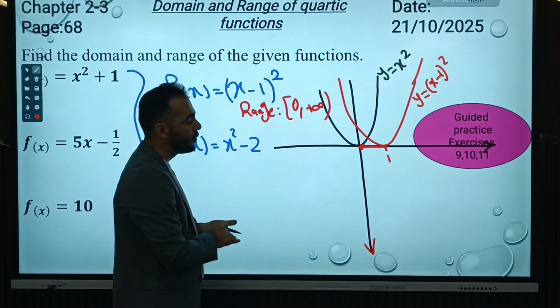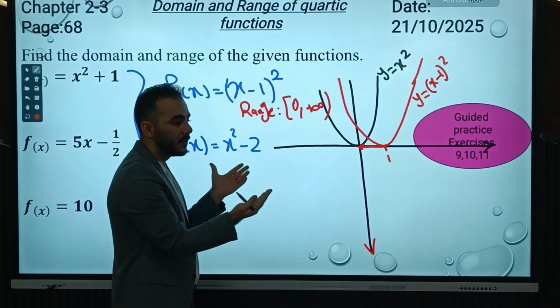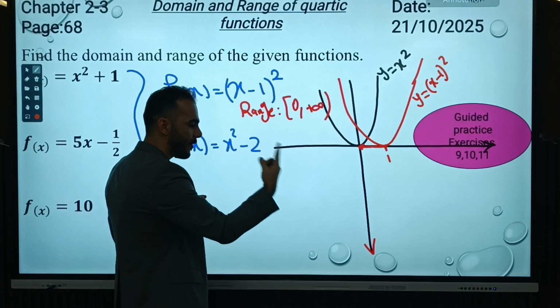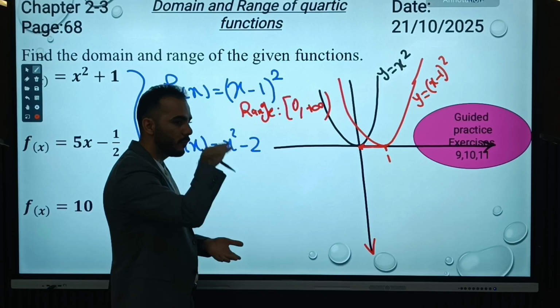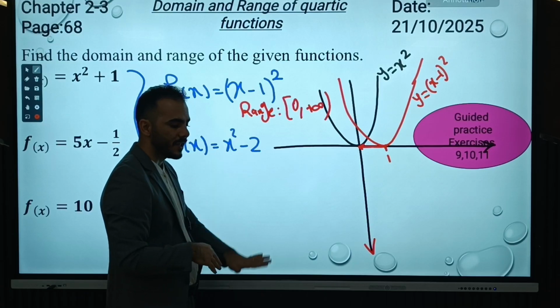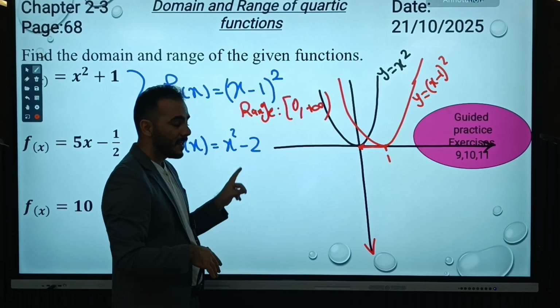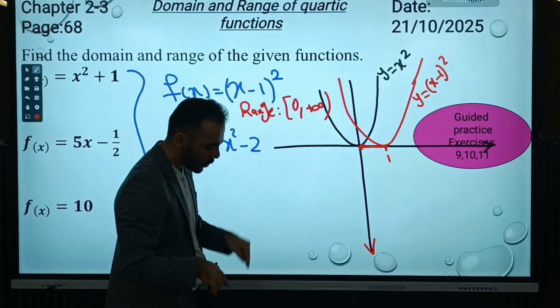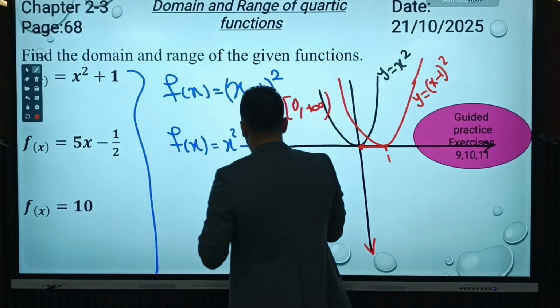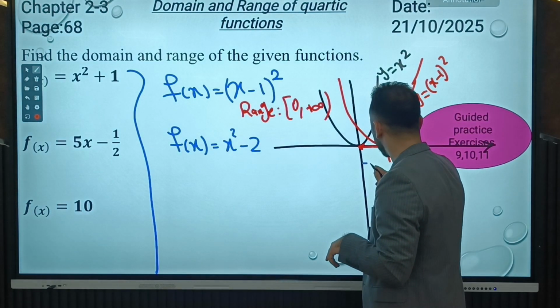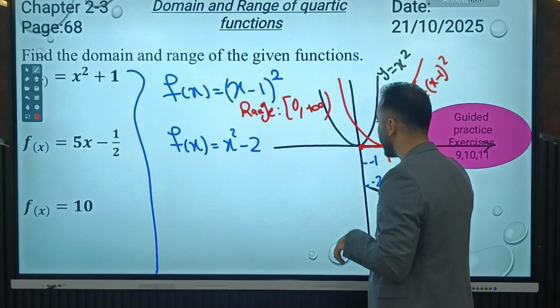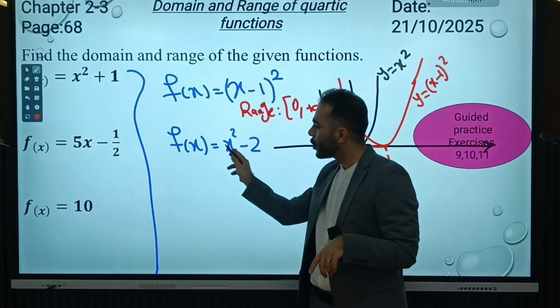Negative 2 is outside, so we need to go vertically, either upward or downward. Since the operation is negative, we need to go down. All right. For how many units? 2 units. So negative 1 is here, negative 2 is here, and since the coefficient of x squared is positive, our graph opens up. So it's going to be something like this.